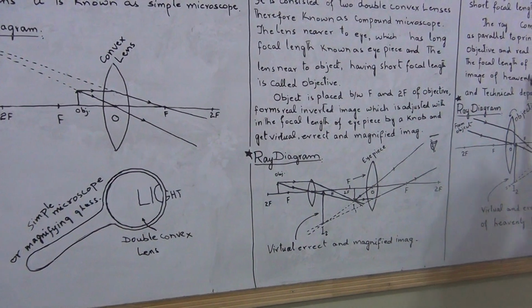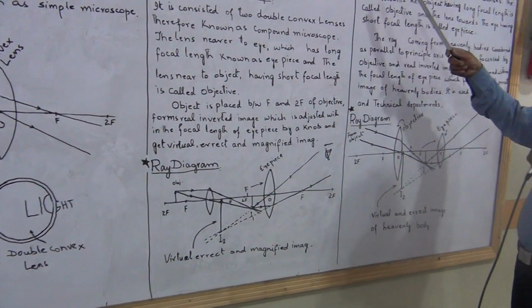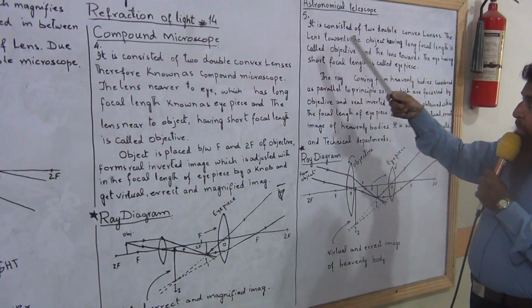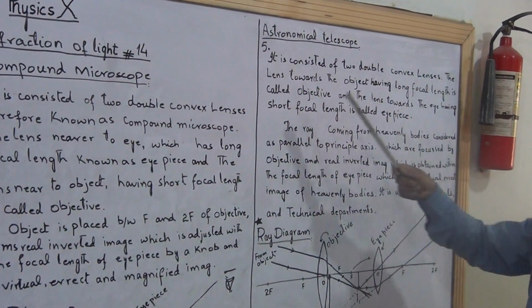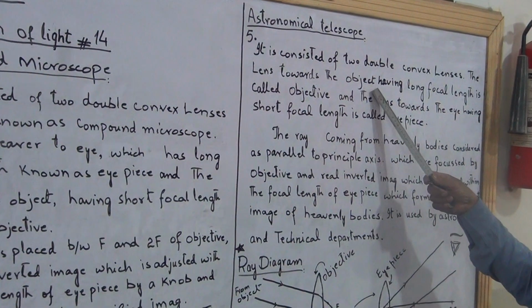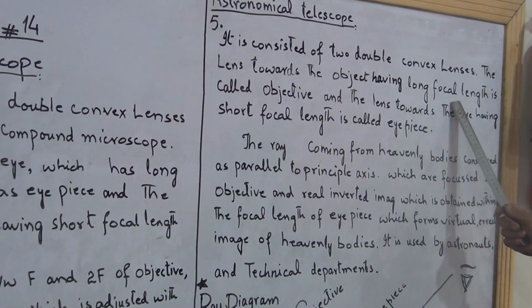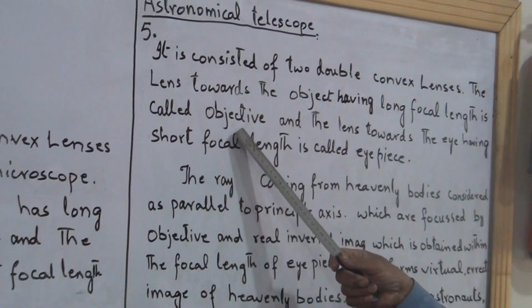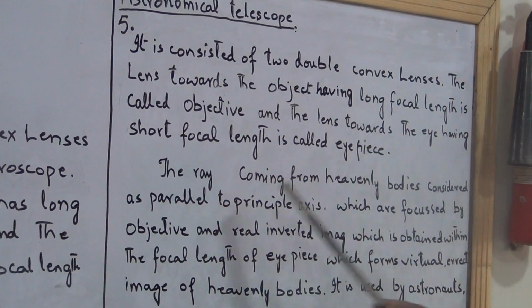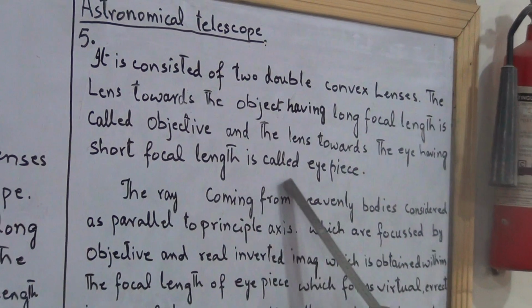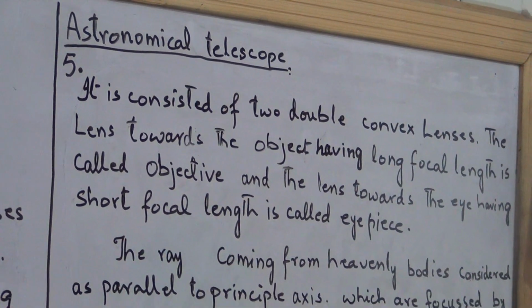Now next, the last, the astronomical telescope. It consists of two double convex lenses. The lens towards the object, having a long focal length, is called the objective and the lens towards the eye, having a short focal length, is called the eyepiece.